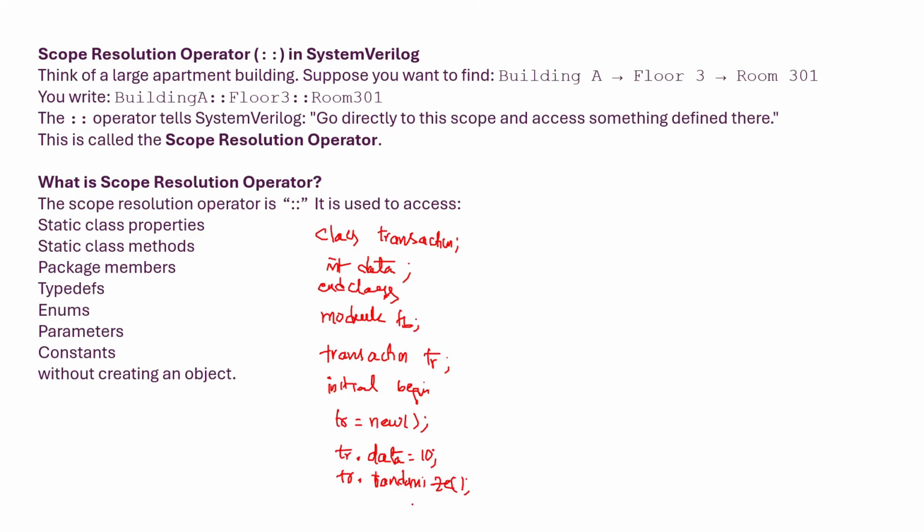So in this way you are creating objects. But the scope resolution operator is not creating the object. Without creating the object, we can call the properties directly. Remember, the scope resolution operator is used to call class members that are static: static properties, static methods, typedef, and enum types, and packages.